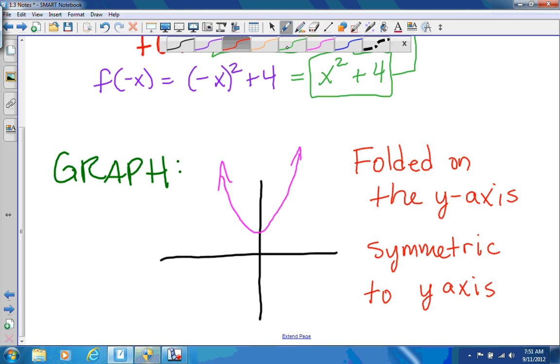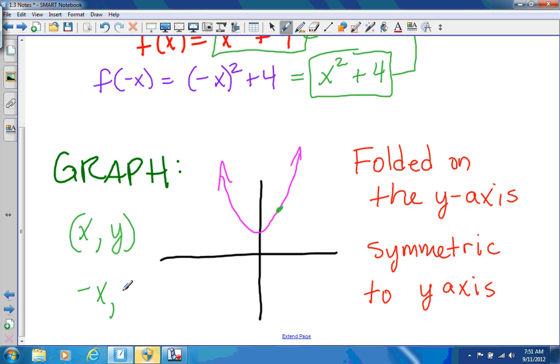Since it is symmetric to the y-axis, if you have a coordinate, say (x, y), say over here, both positive, then there's also a coordinate of (-x, y) over here. So if you have (2, 6), then there also has to be (-2, 6) as a coordinate. That would make it even, and that has to happen throughout the whole entire function.